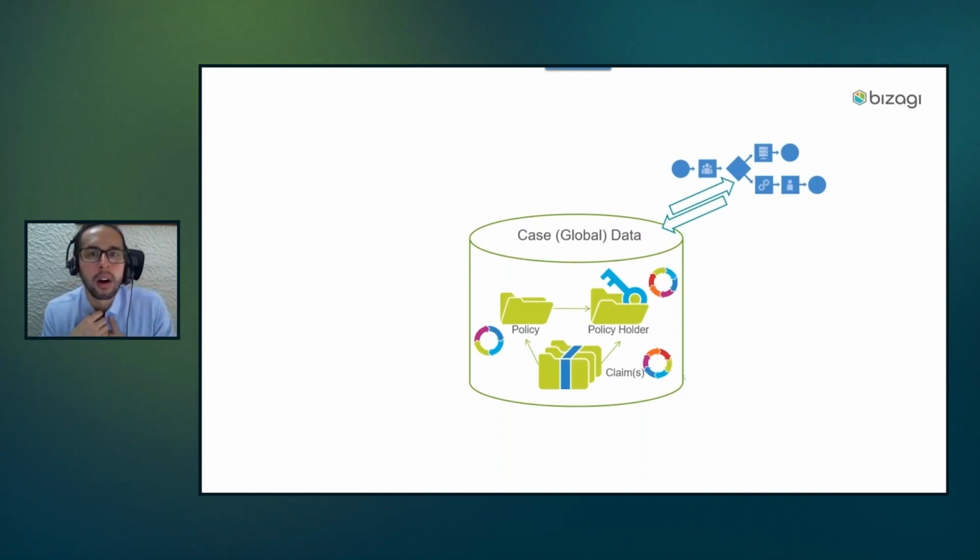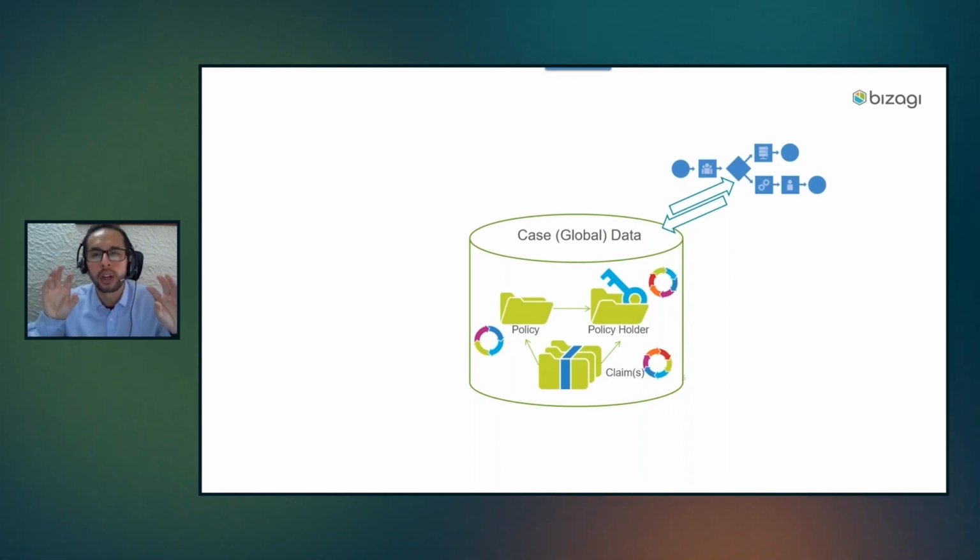So if I am in a hospital, and in a hospital I have doctors on one side and nurses on the other side, which is the information that is relevant for each of them? Even though we're talking about maybe the same group of patients, the information that I'm going to present is different, right?